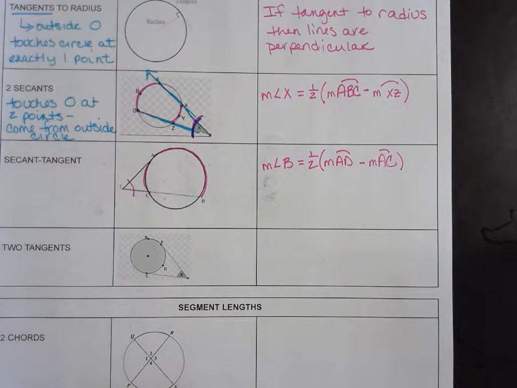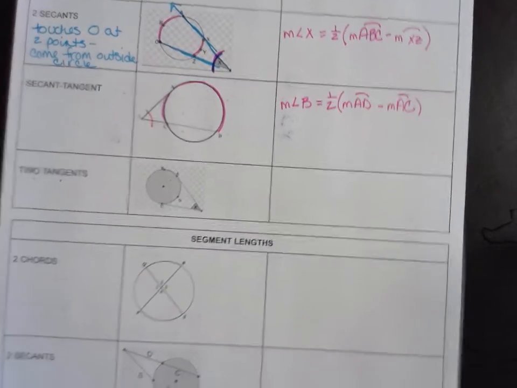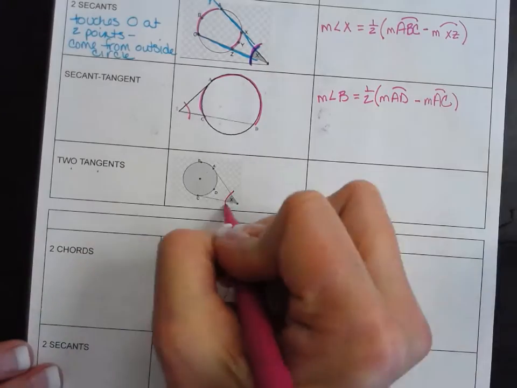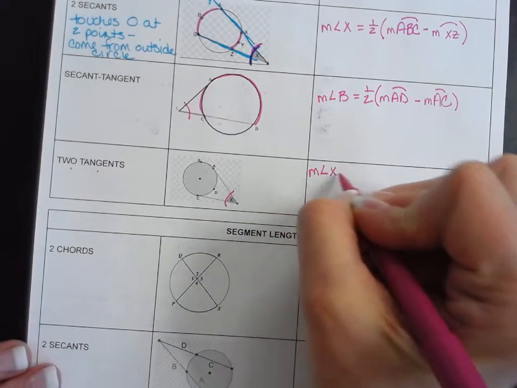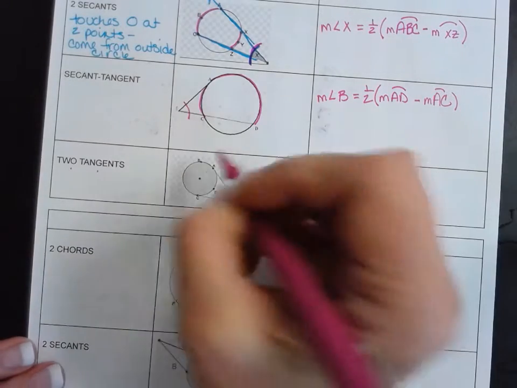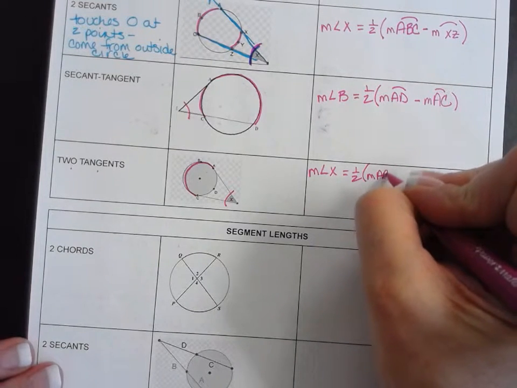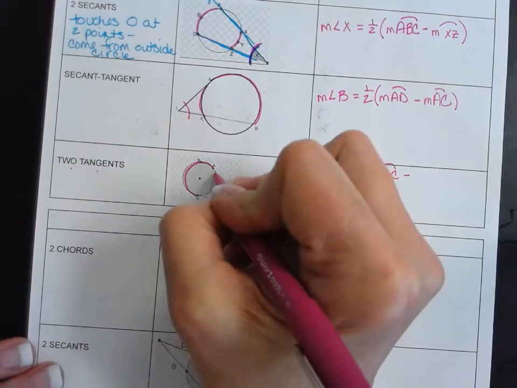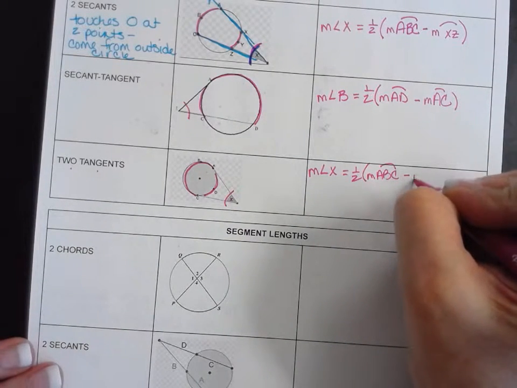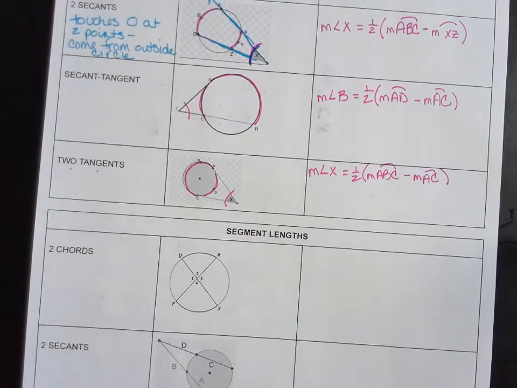There's two things that come into play when you have two tangents. First, our angle measure is going to be exactly the same: 1/2 of the big arc minus the measure of the small arc.